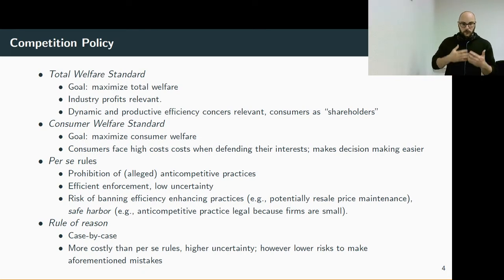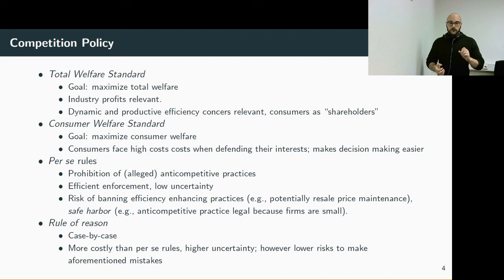So if we apply the total welfare standard, and we have a slight reduction in consumer surplus, but a strong increase in firm profits, we would say that, okay, the measure that we're talking about here, for instance, a merger, would be okay, as the consumers are considered shareholders of the firms, and as they realize higher profits, a small loss in consumer surplus might be compensated for.